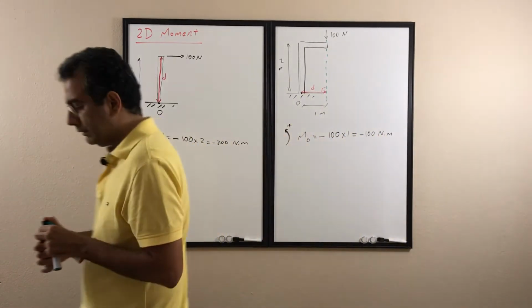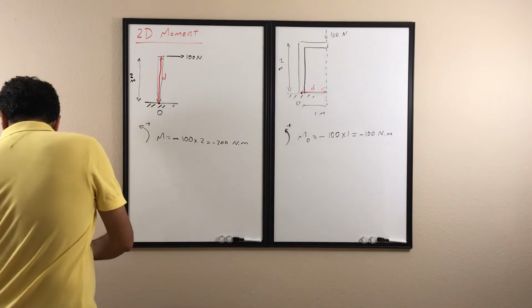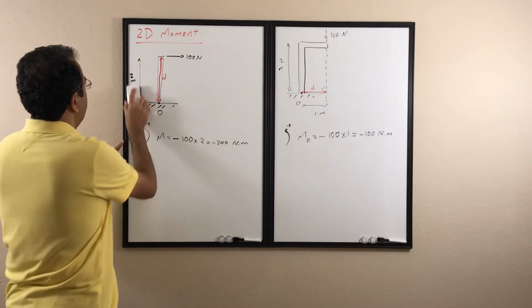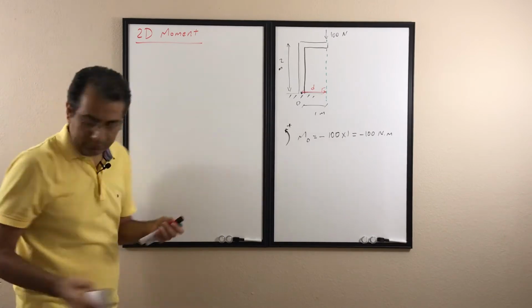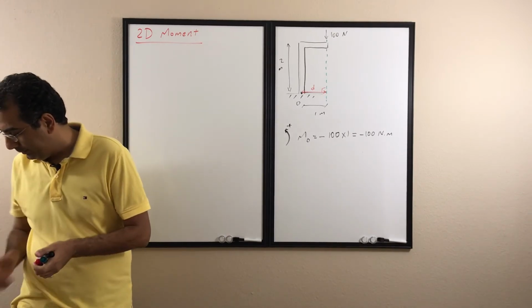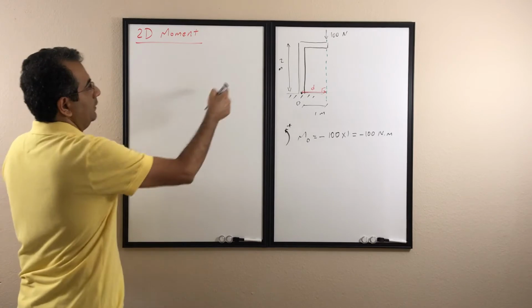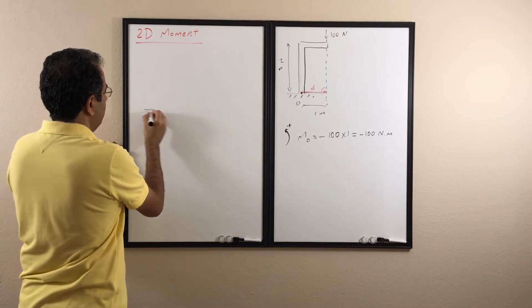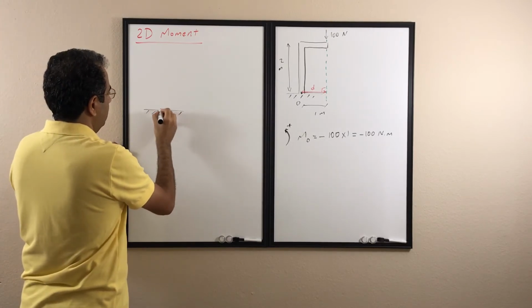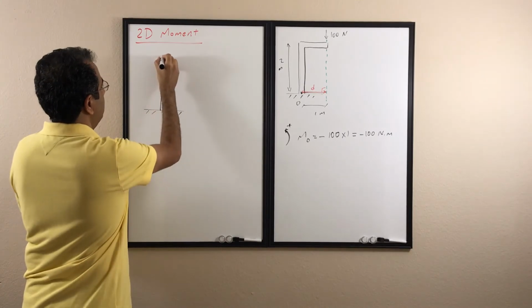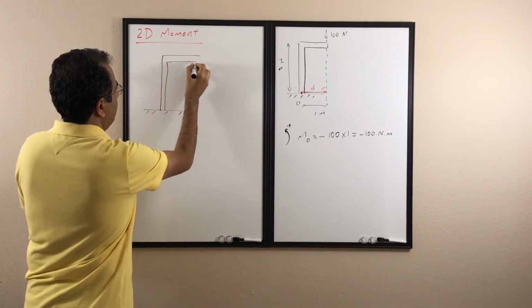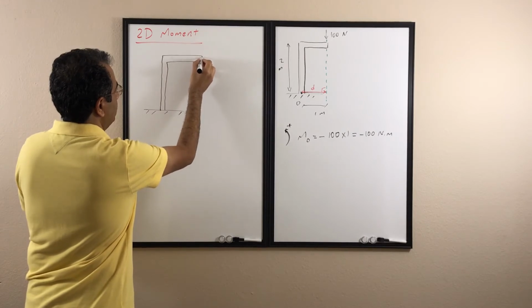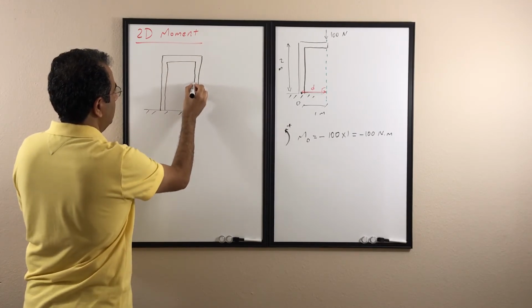Another simple example, so let's add another part to that. Again, the same thing here. Assume it goes up 1 meter here, and then comes back down 1 meter.